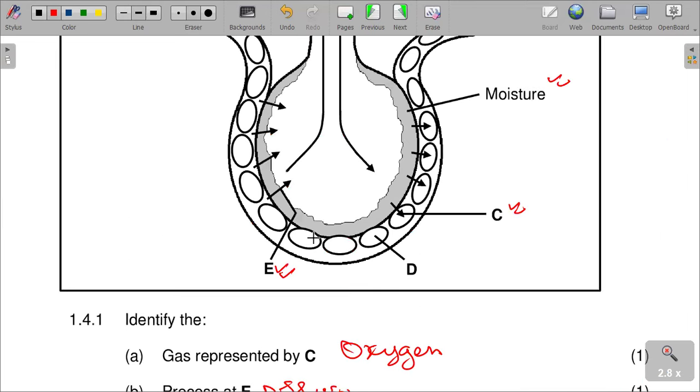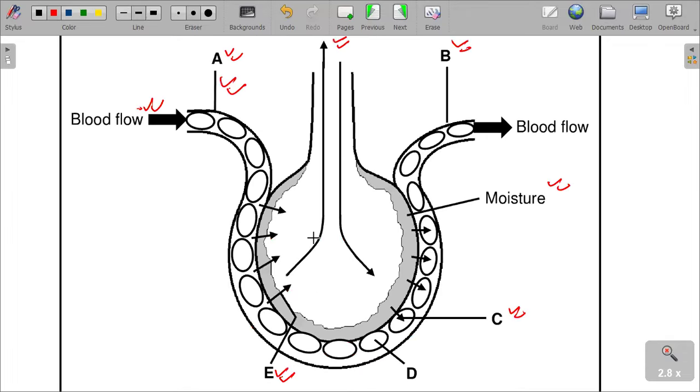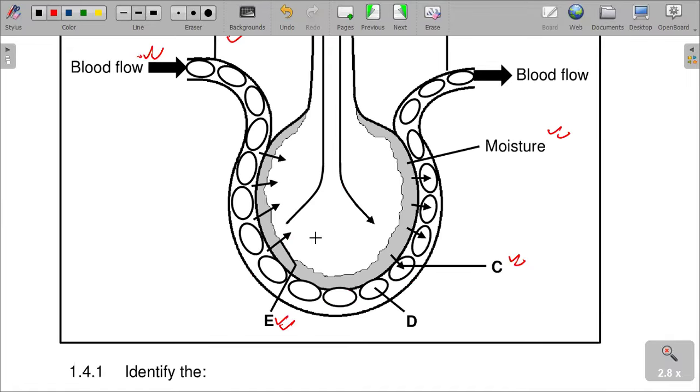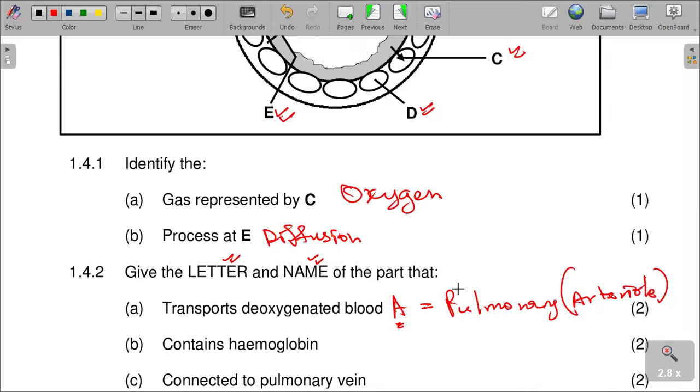It is letter D, which has got hemoglobin. So hemoglobin is contained in D, the red blood cell.